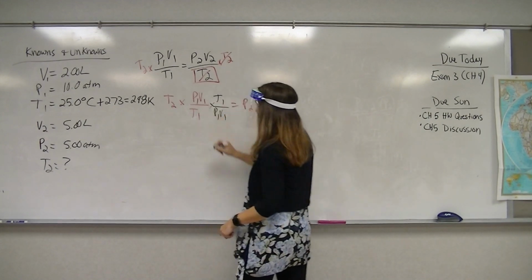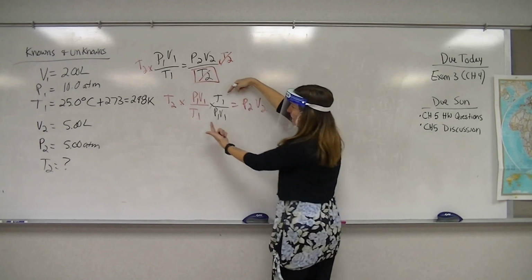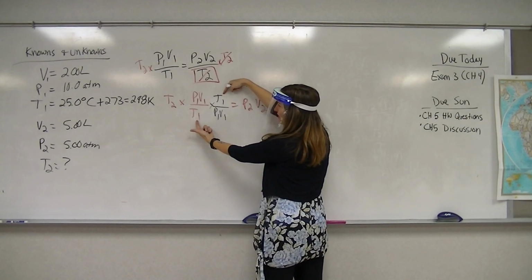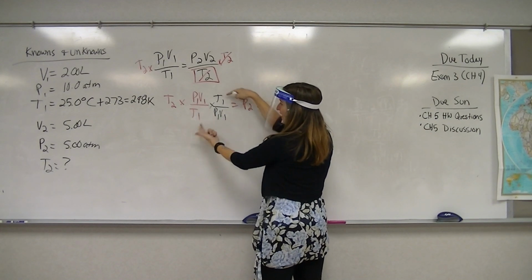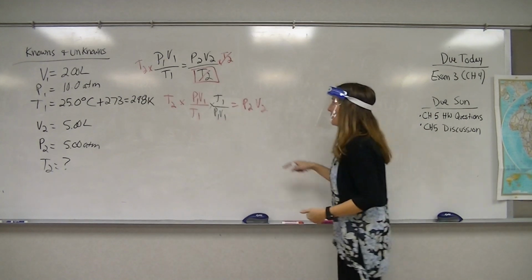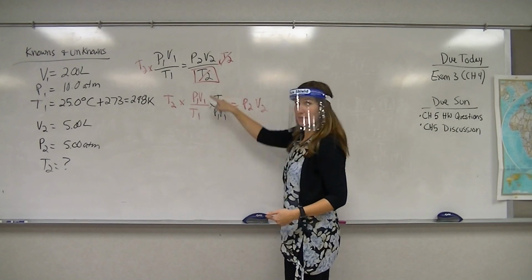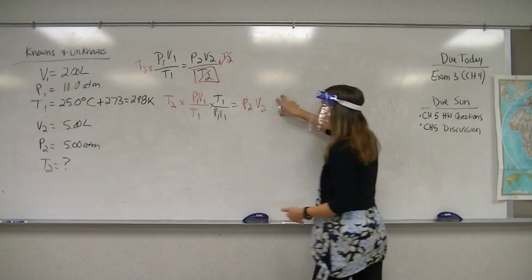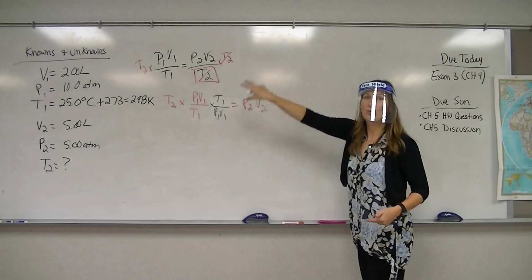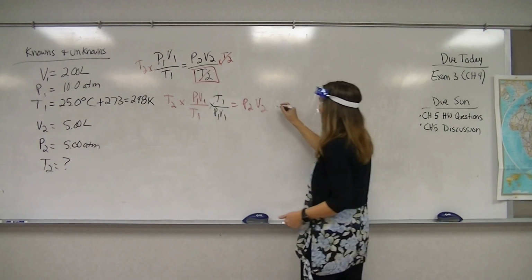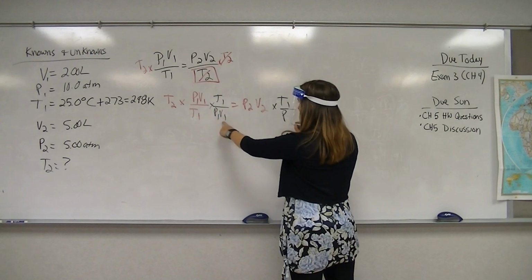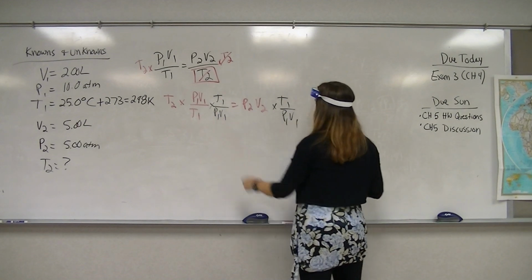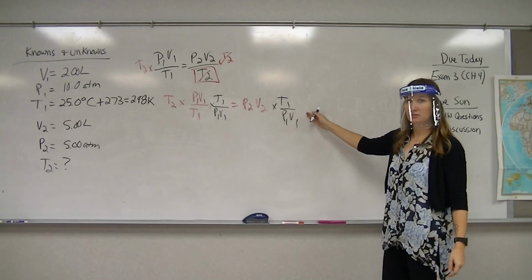If I multiply by that reciprocal, the variables are on opposite sides of the horizontal line so that these variables all cancel. Since I multiplied by this reciprocal on this side, I have to do the same. Whatever I do to one side of the equation, I have to do to the other. So I'm going to put that same reciprocal, T1 over P1, V1, over here as well.